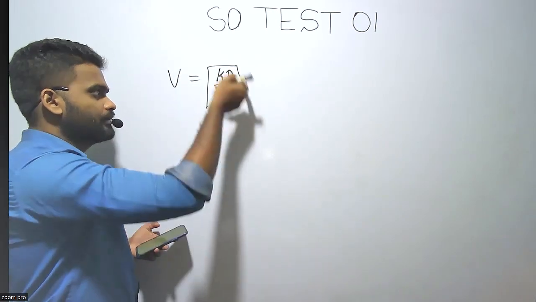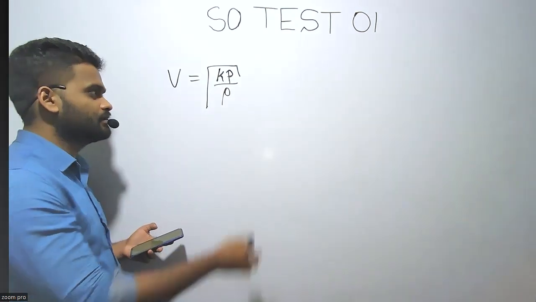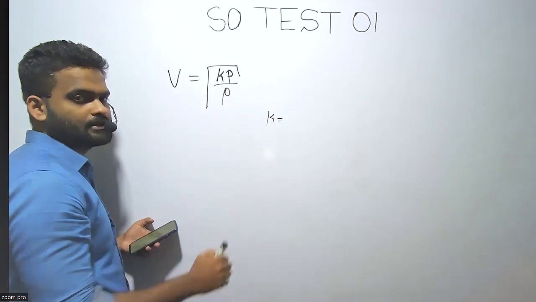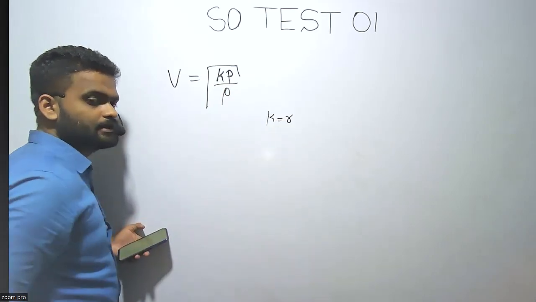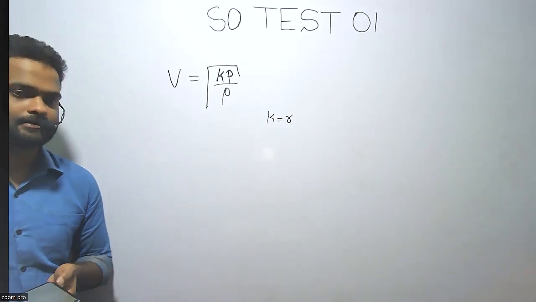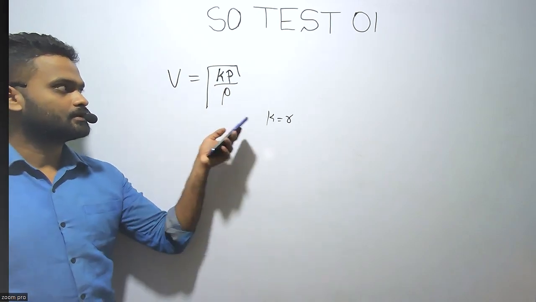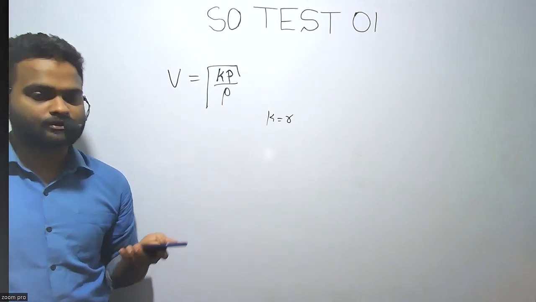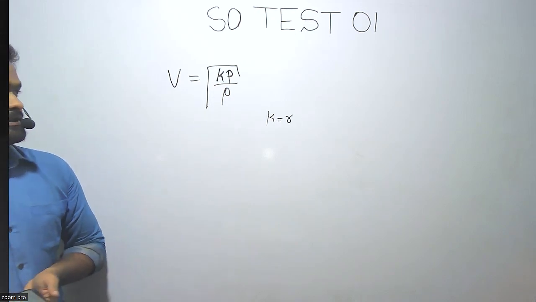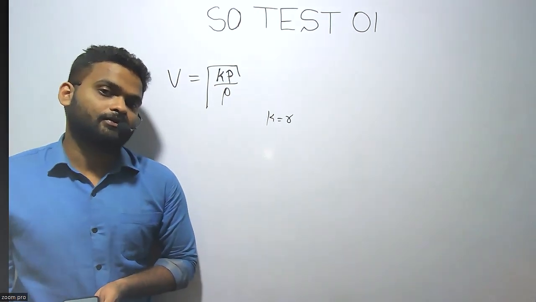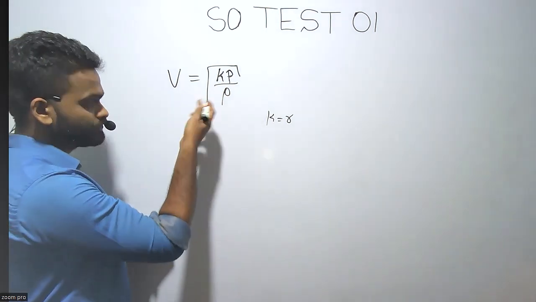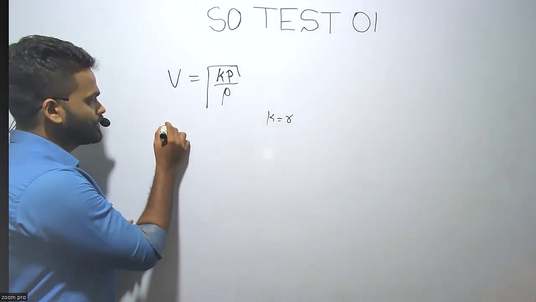If you already know this, at once you can say that k is dimensionless. This k is actually a dimensionless constant called gamma, right? Once you see the equation, you know that k does not have dimensions. But since up to now you haven't learned this, we need to do the usual calculations.